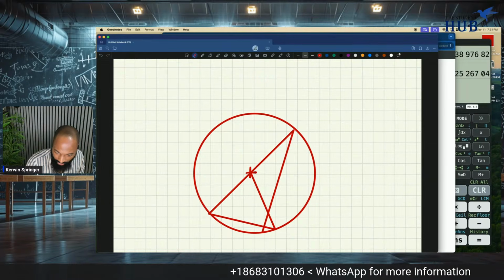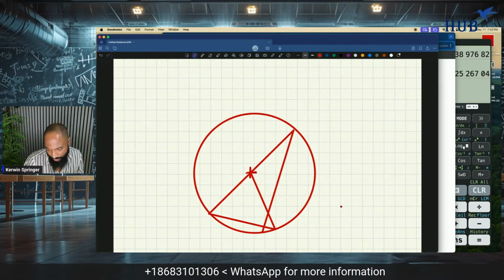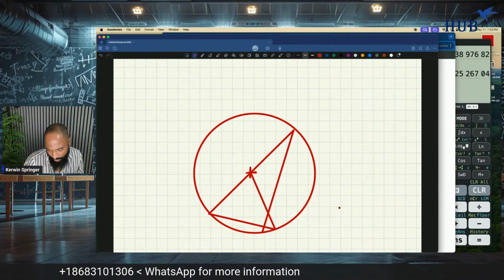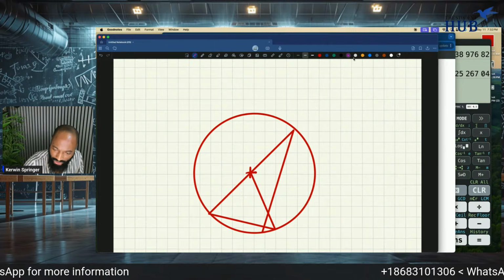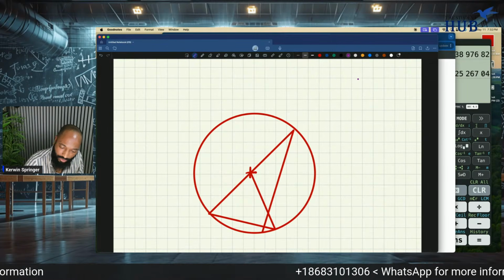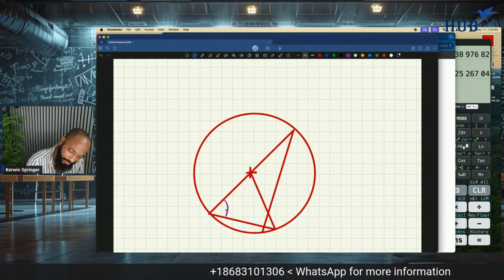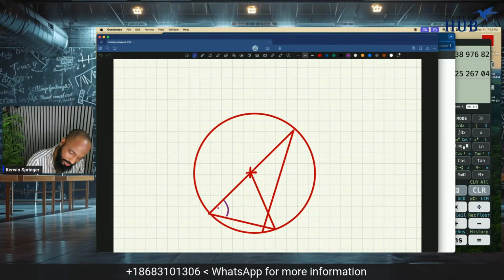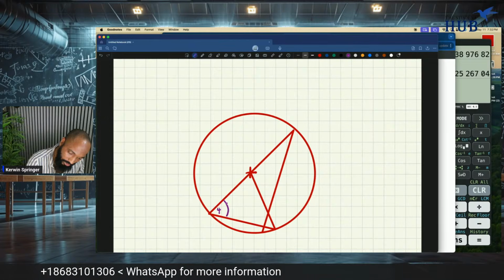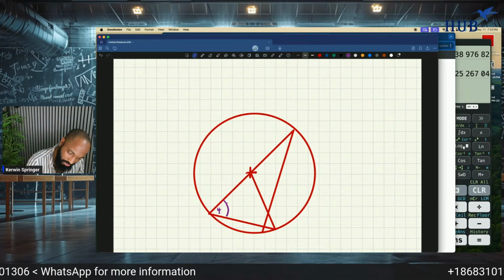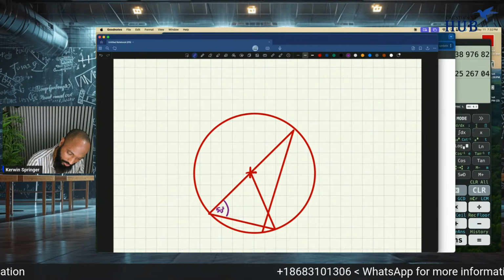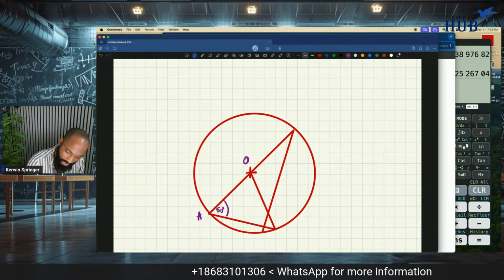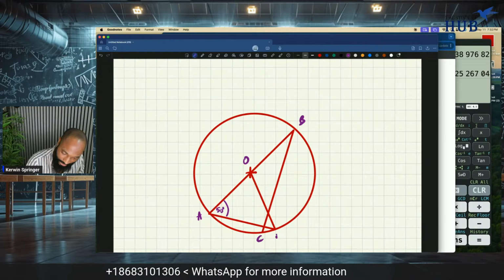This is the center of the circle. There's another theorem that I mentioned earlier that will come in handy in this. Let's say I told you that this is 50 degrees. I'm going to name out some things now: A, O, B, C, D.